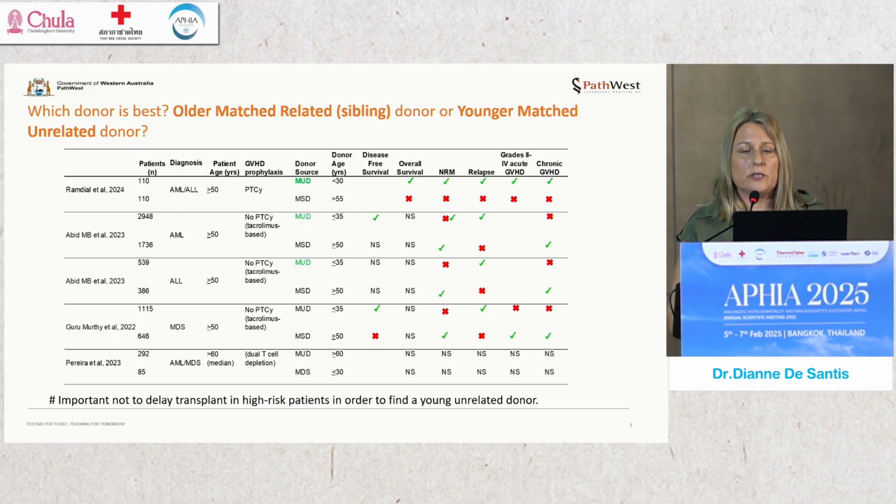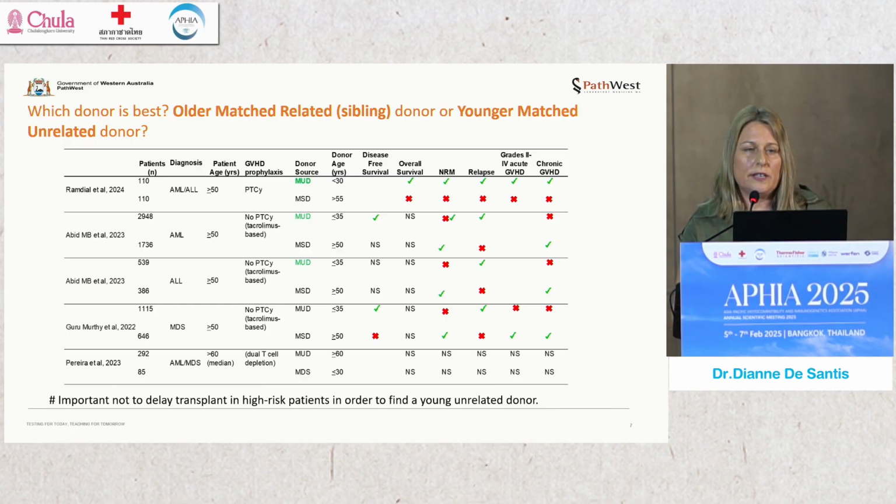All patients were above 50 years old and were either given PT-Cy or traditional tacrolimus-based GVHD prophylaxis. These studies compared the clinical outcomes following transplantation with either a young unrelated donor who was less than 30 to 35 years versus matched sibling donors who were greater than 50 to 55 years old.